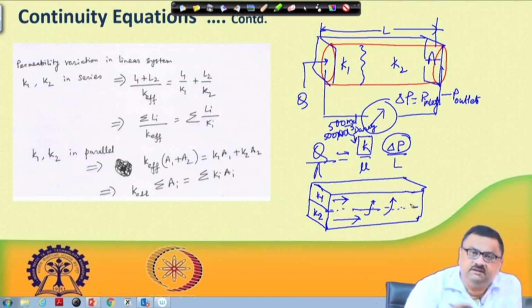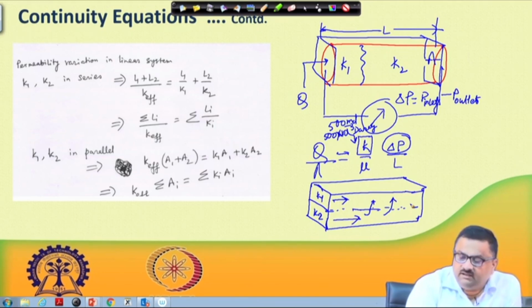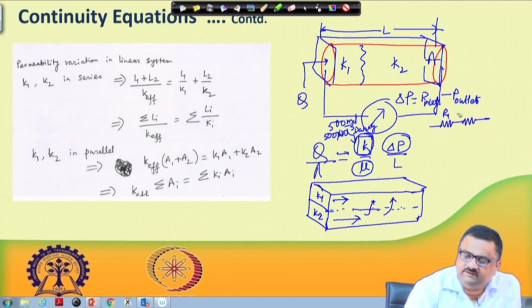So, if you have such a sequence, how do you find out the effective permeability? In this regard, I am going to close this discussion at this time, but before you attend the next lecture, I would suggest you review your theories of resistances in series. That means, you have two resistances in series. How do you find the effective or equivalent resistance in this case?